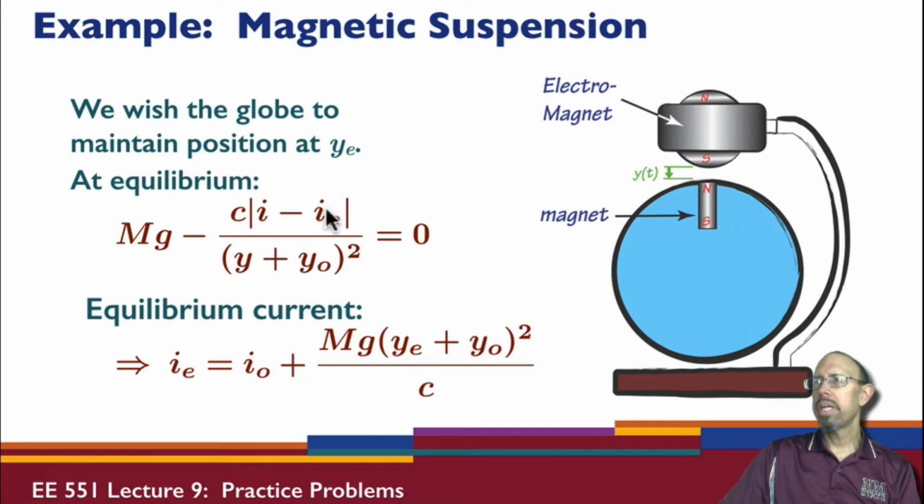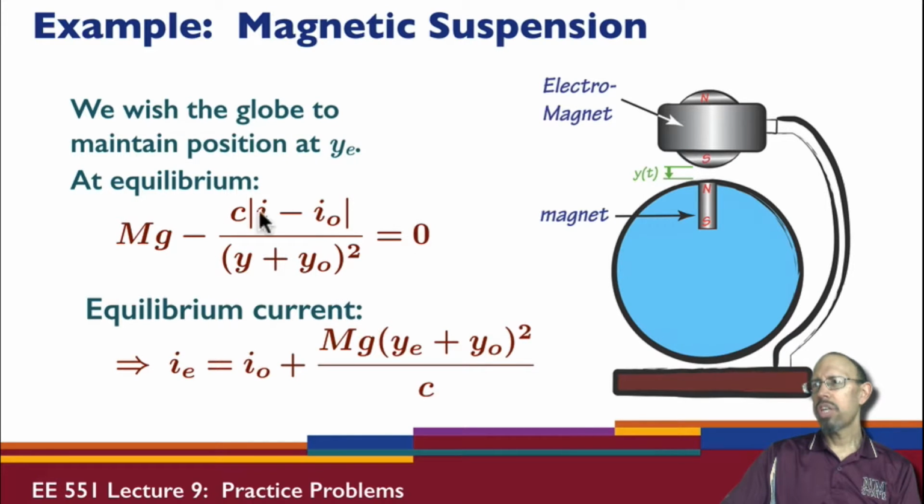We wish the globe to maintain a position y_e at equilibrium. So you saw it floating, constant at a particular position. At equilibrium, this equation must be satisfied: the second derivative must be equal to 0, and also the first derivative must be equal to 0. Actually, all derivatives must be equal to 0.